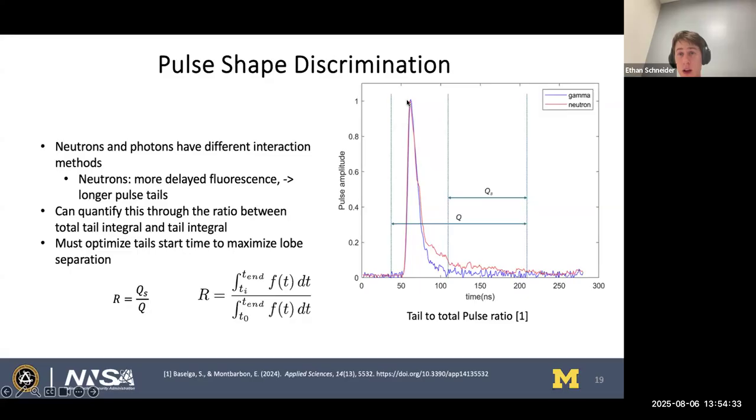Because if you have a second pulse here, that's going to greatly increase your tail amplitude. So you go from having a clean lobe to getting all these extra. You might get R values greater than one, significantly higher R values when you shouldn't be having them.